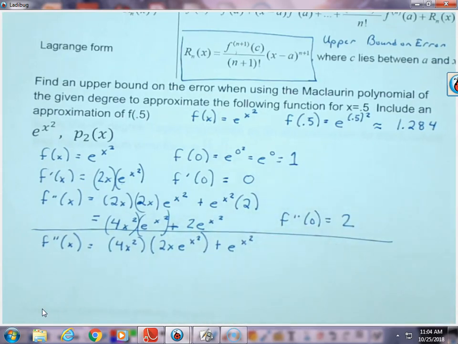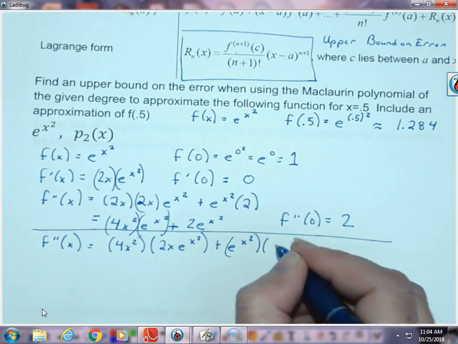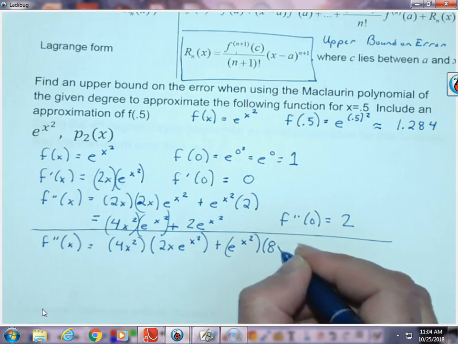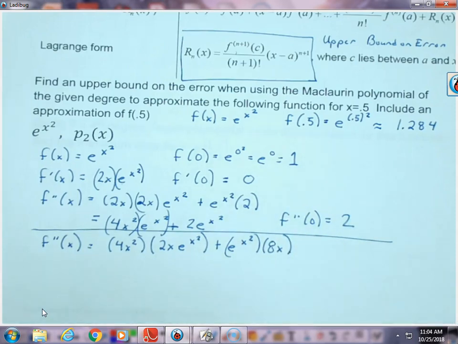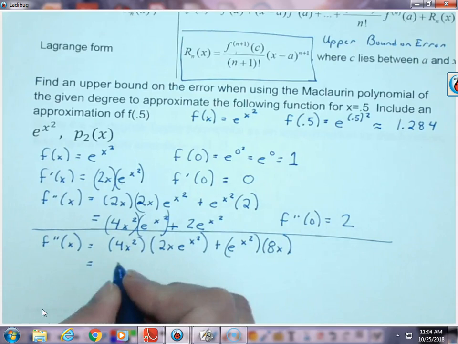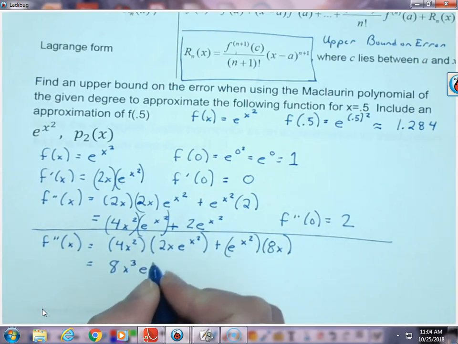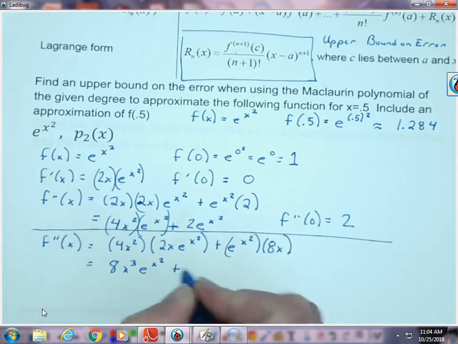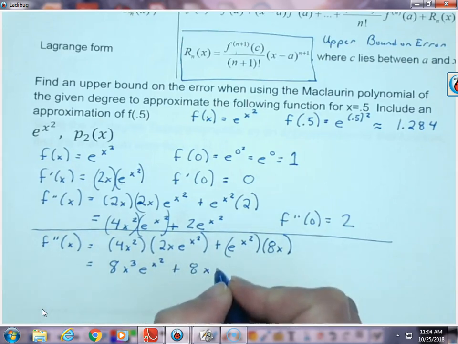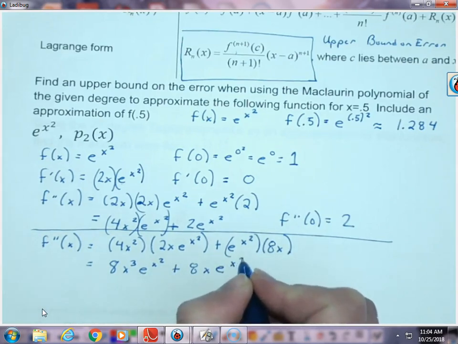But I asked you for the answer, so I got to go with it. Okay, plus the second times the derivative of the first. 8x. Okay. So I guess I'll simplify that. So it would be 8x cubed e to the x squared plus 8x e to the x squared.